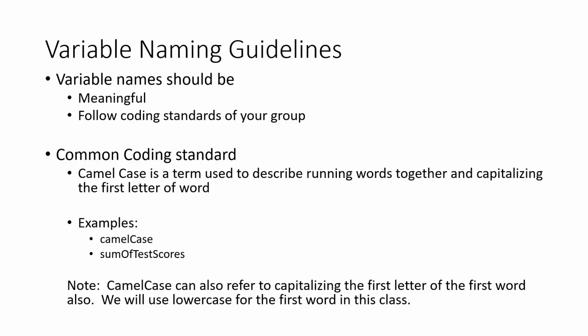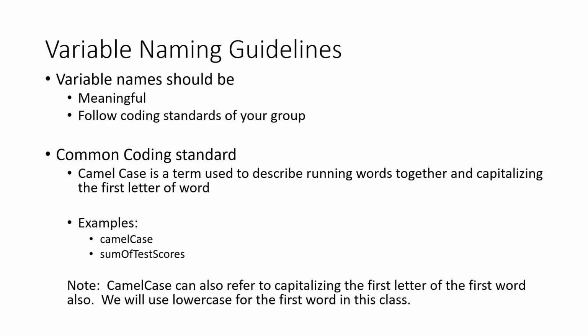There's one extremely common coding standard, and that is to use camel case to name your variables. Camel case is a term used to describe the running of words together and then capitalizing the first letter of every word change, so that it stands out and makes it easier to read.